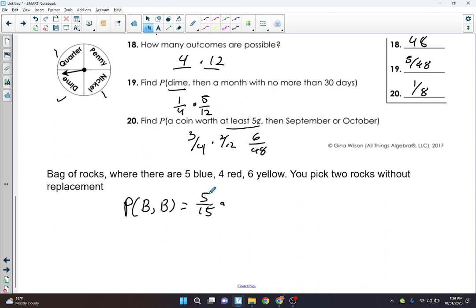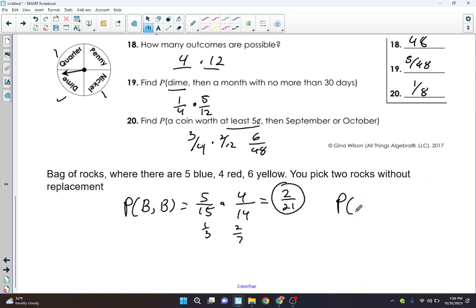So my blue count of rocks went down. So there's only 4 blue rocks left in the bag because I already took one. And there's only 14 rocks in total because I already took one. So it's going to change to this, which is going to be, this is 1/3, this is 2/7, so it's going to be 2/21. Okay.